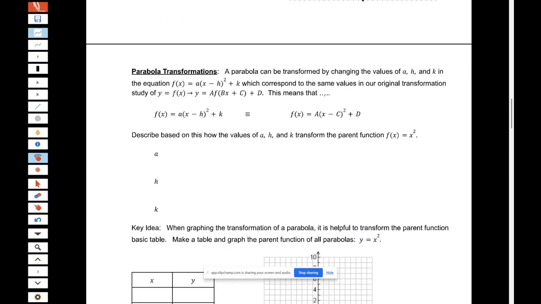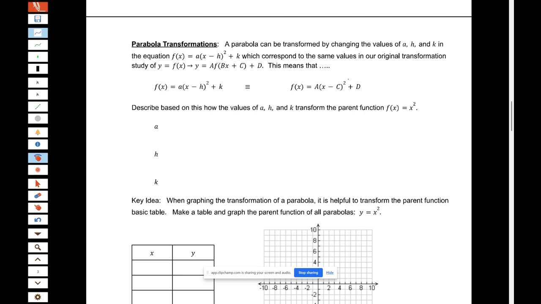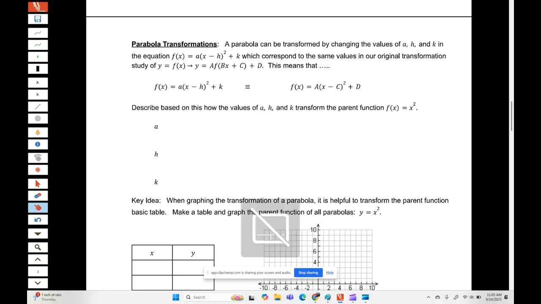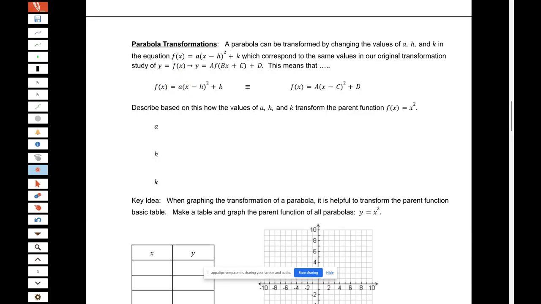Our parabola transformations, as I mentioned a minute ago, you can transform that vertex. And I mentioned that the a value in your vertex form here is the same as the a value here. So I'm going to start with that. It's our stretch, compress, and reflect.